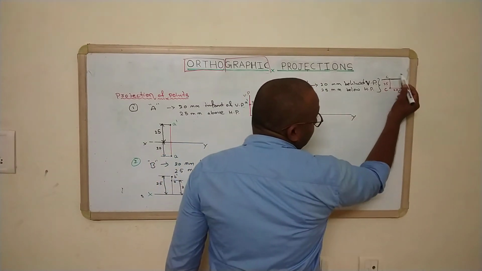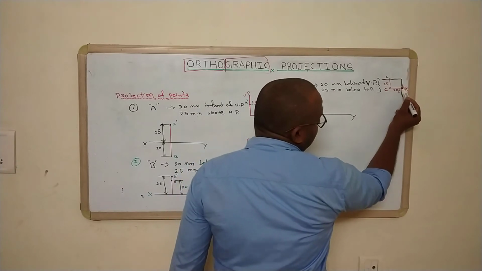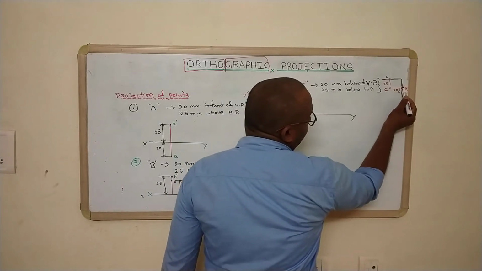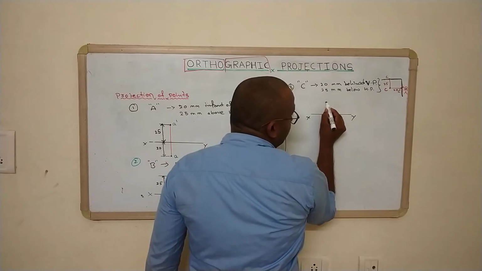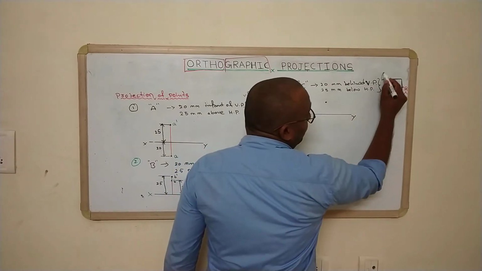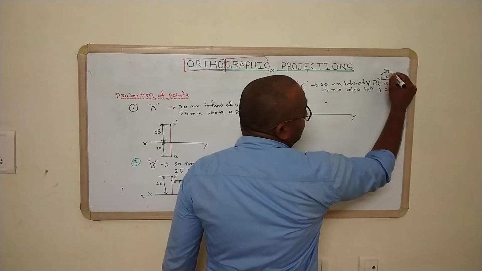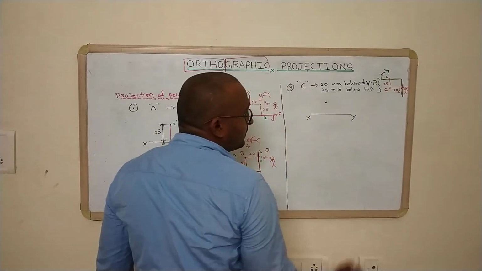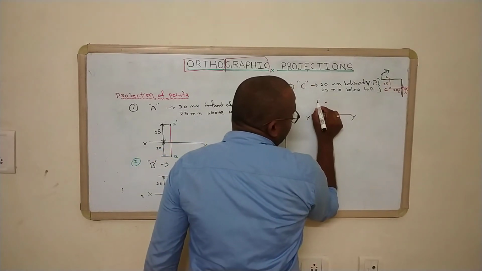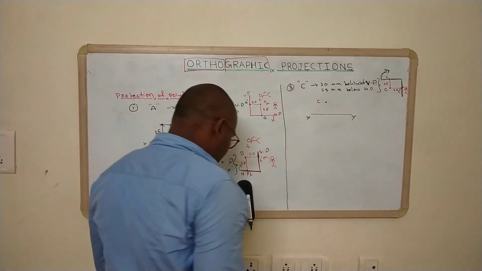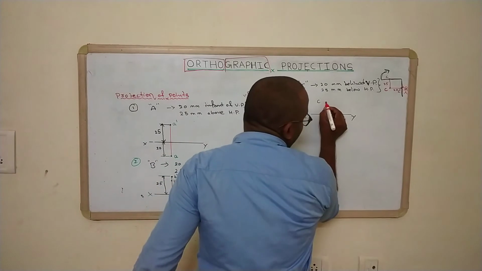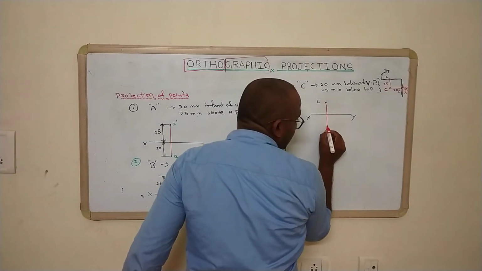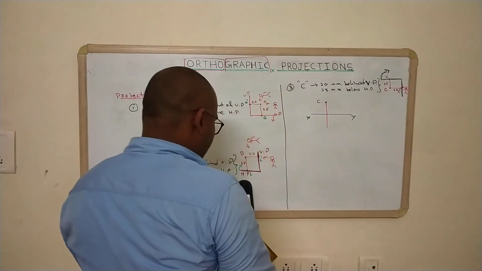So here we can observe that this is the front view and this is the top view. When we rotate that particular plane upwards, we will get the top view above the XY line, and then the front view will lie below the XY line.